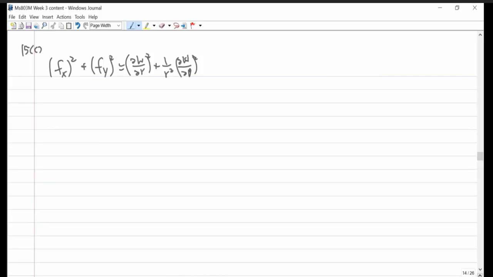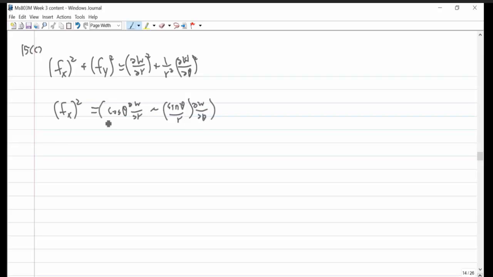So you make use of the fx and fy first. So fx you square first, let's see what we get. fx according to the formula, the answer we got earlier, is cosine theta dw dr minus sine theta over r dw d theta.